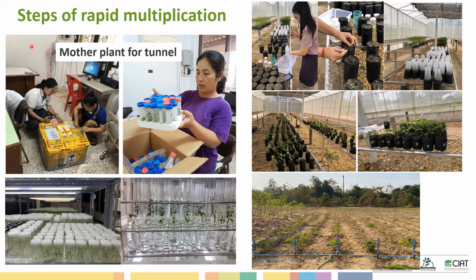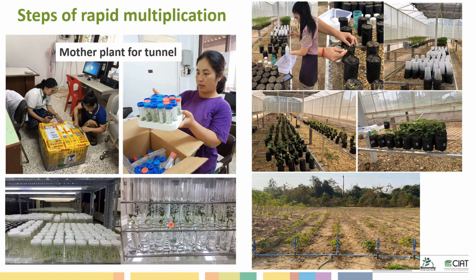Here you can see different photos, for example from Laos. All the materials arrived in Laos, Cambodia and Vietnam in vitro, in tubes, and then they go through shoot multiplication, and then to the rooting medium.